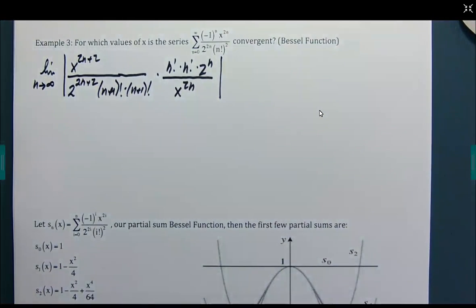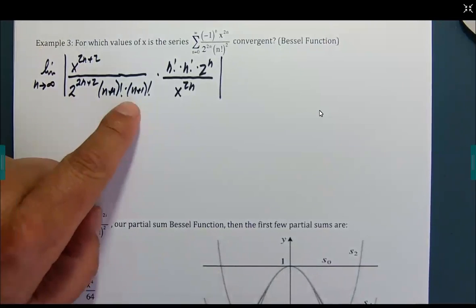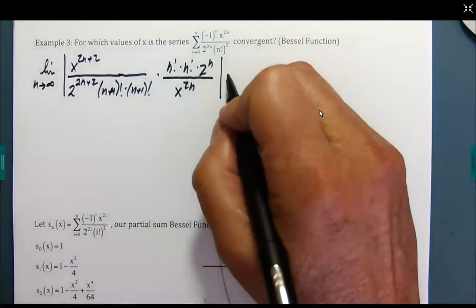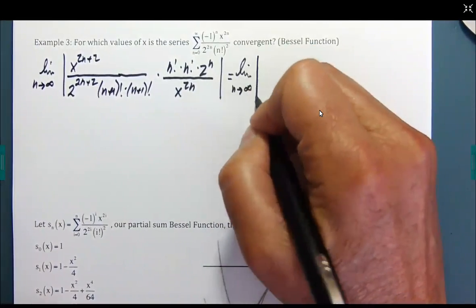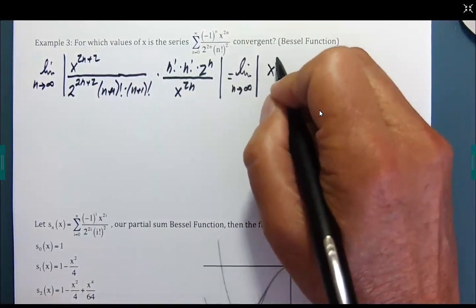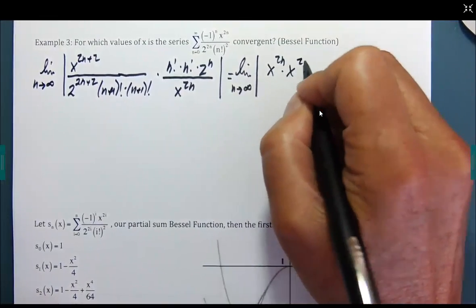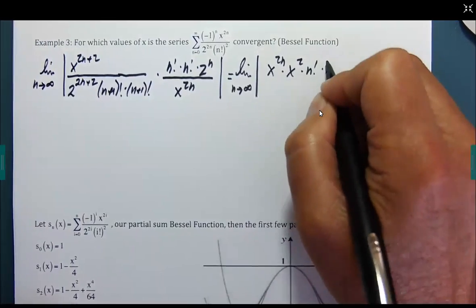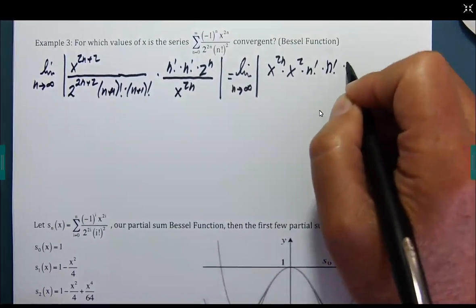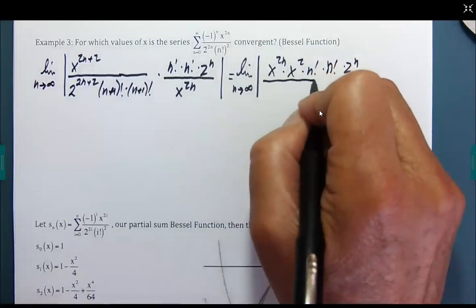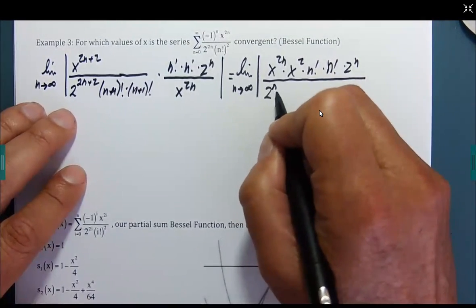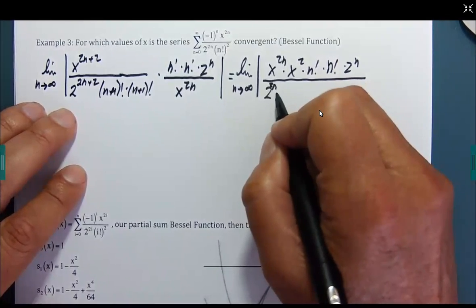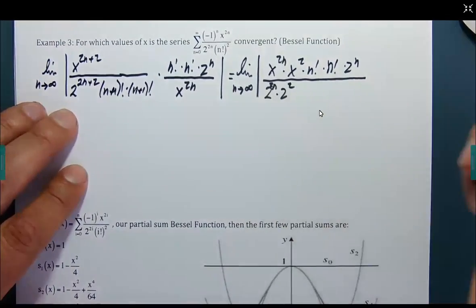All right, so I'm going to break these down. This becomes x to the 2n times x squared times n factorial times n factorial times 2 to the n over, this becomes 2 to the 2n, pardon me, times 2 squared.